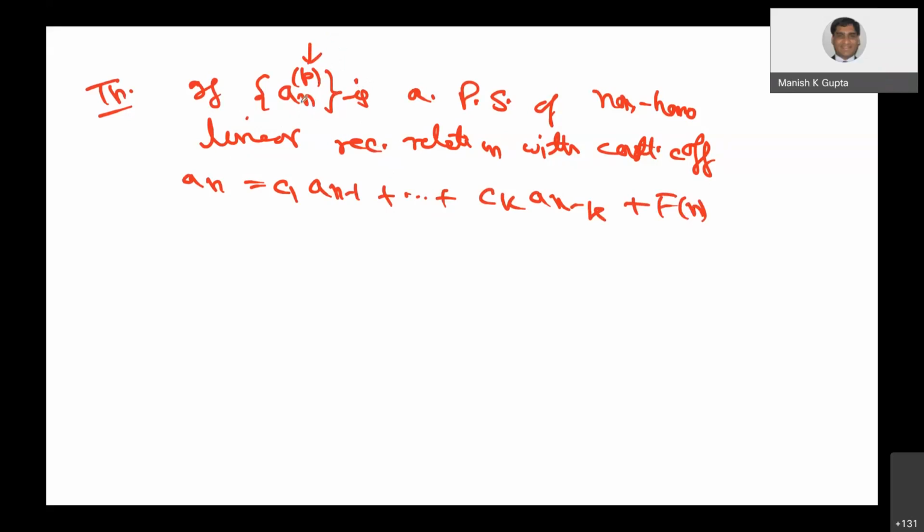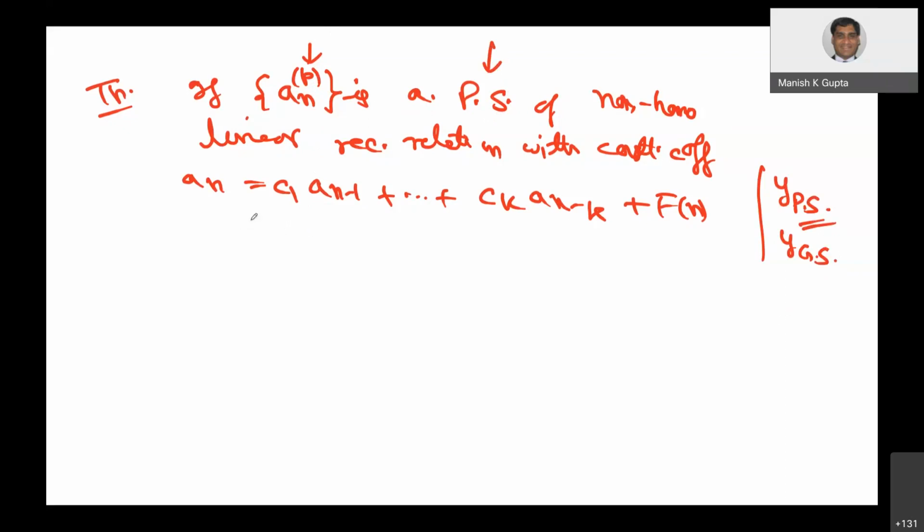If you recall, in the differential equation we used to say that y_p is a particular solution and y is the general solution, right? So I'm just giving a notation p. P means particular solution. It just notes that it is a particular solution of a non-homogeneous equation. Thank you, sir.